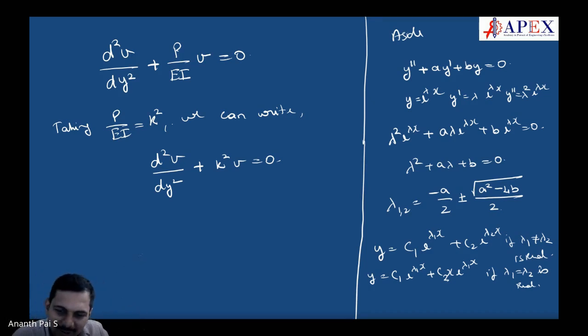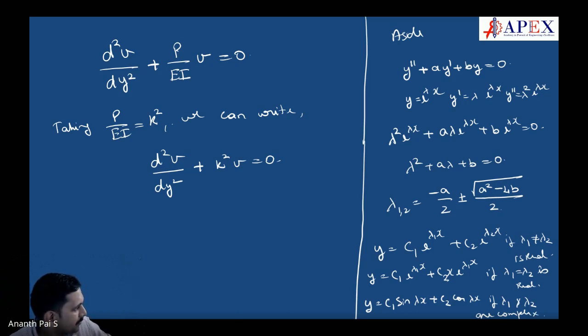Now y is equal to c1 sine omega x plus c2 cos omega x, if lambda 1 and lambda 2 are complex. Make sense?